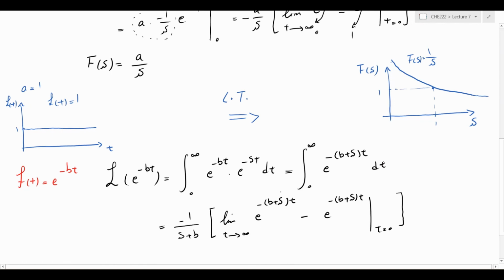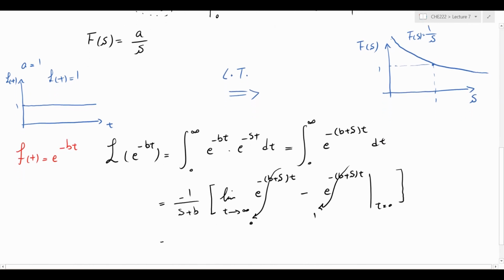Again, this limit is 0, and at t equals 0, this term is 1. So the solution to this integral is 1 over (s plus b).